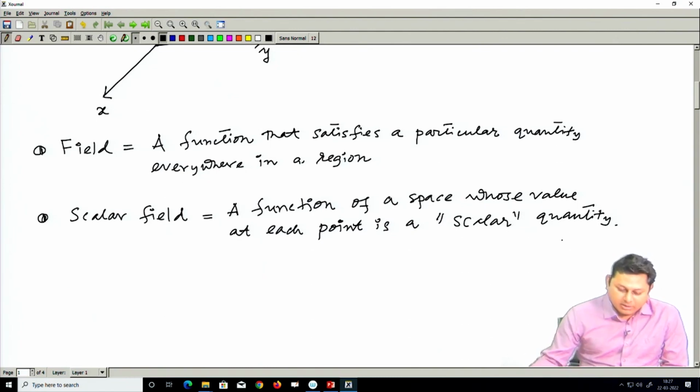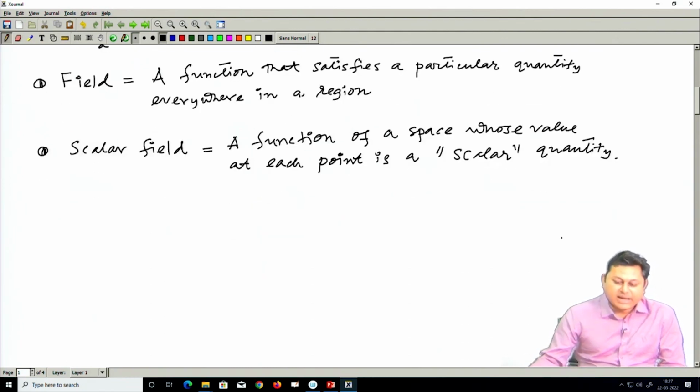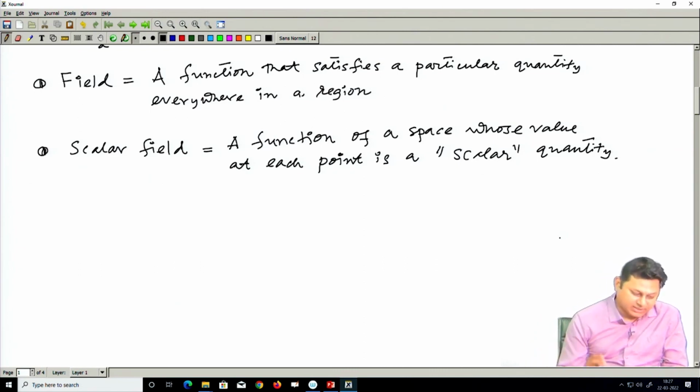So, I can define a field, which is a function that can take different values in a given region. Now I am specifying a function in a space, that is, a function that depends on the different points in the space, and the value of that particular function should be a scalar quantity.